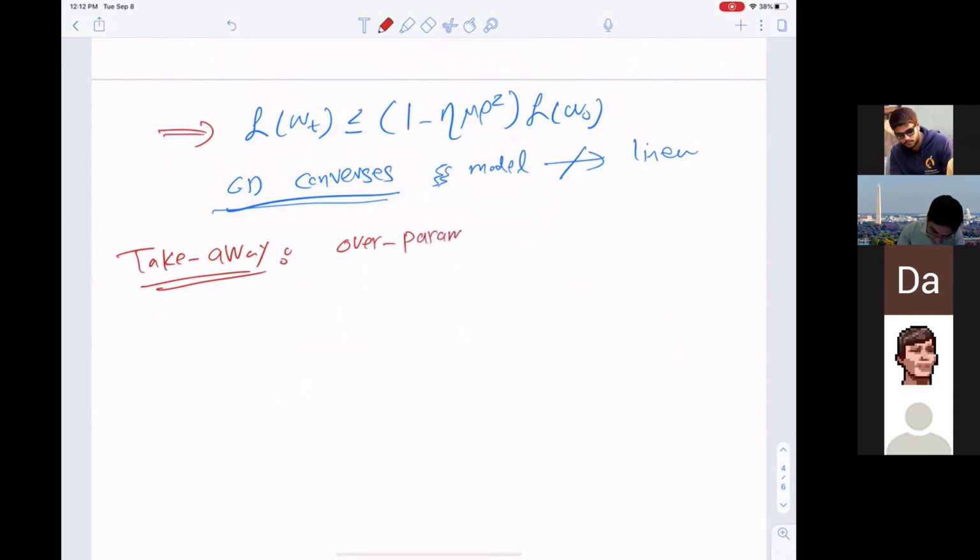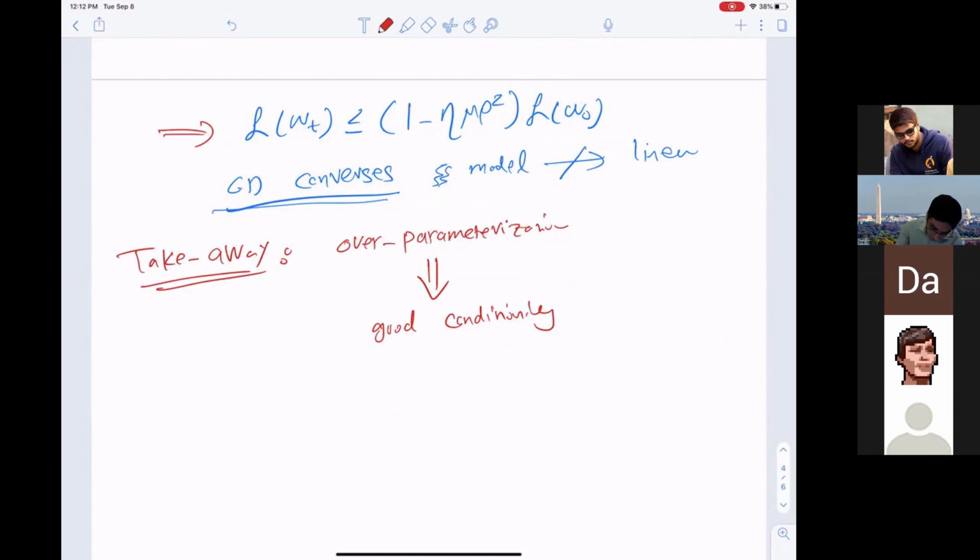So that's a little bit more powerful assumption that we need. So overparameterization leads to good conditioning. So you can show this conditioning in one way or the other, or maybe you can come up with a better way to understand conditioning of overparameterized nonlinear systems, but it is not linearization.